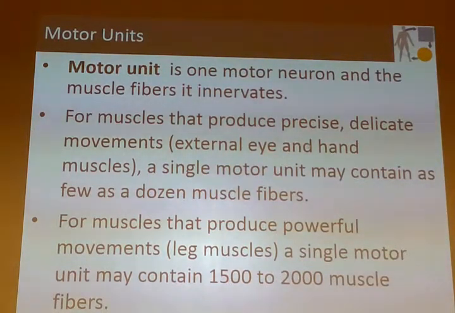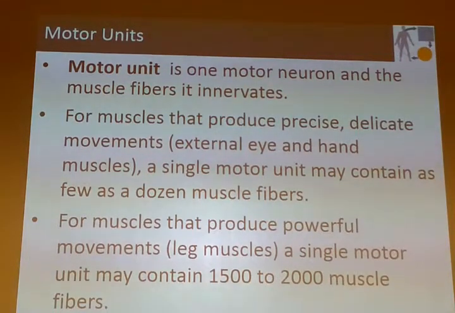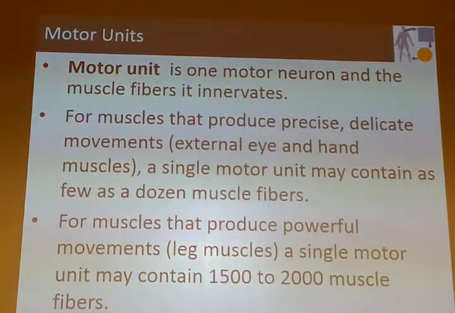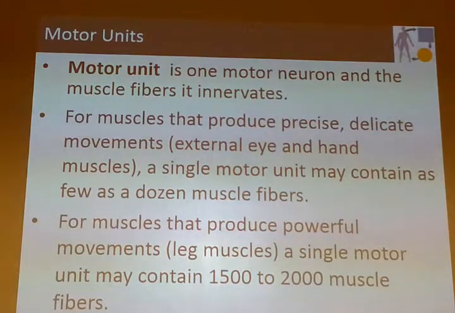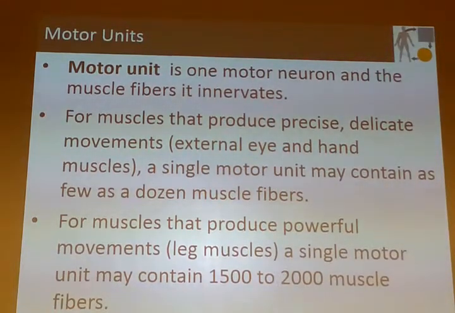If you want to produce precise, delicate movements like threading a needle, constricting, well, that's smooth muscle, so that's not a good idea. But fine motor movements like writing or drawing, you have small motor units contracting so you can get precise movements. When you want power, then you recruit large motor units.